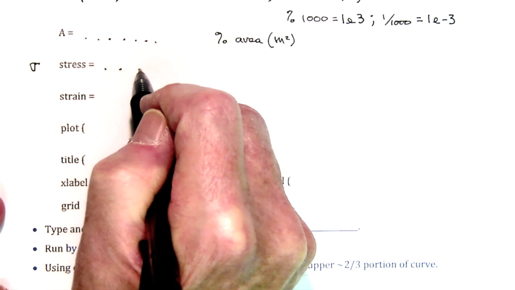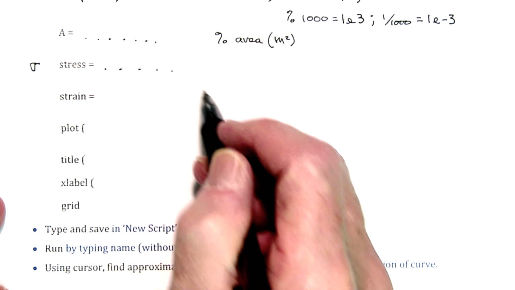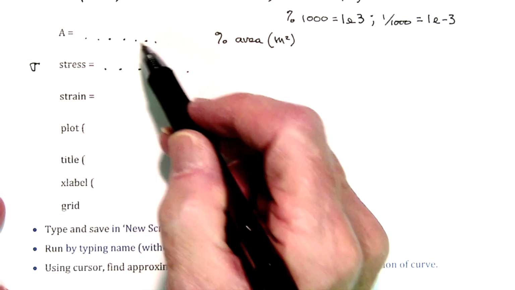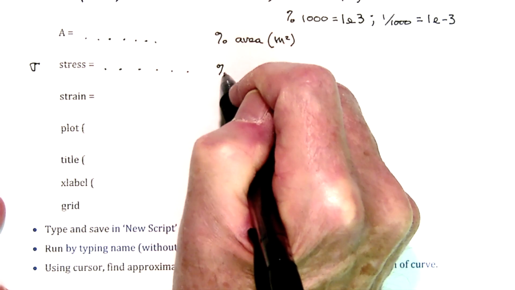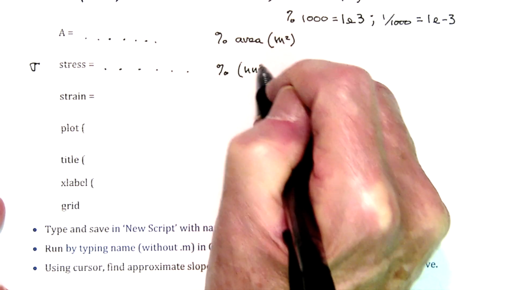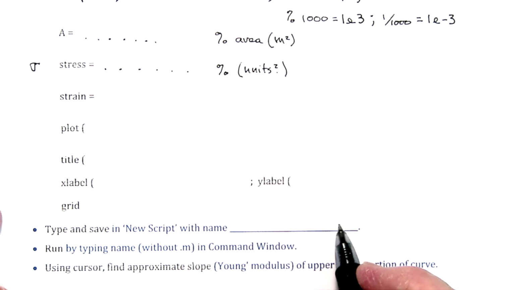Then put in here by hand an equation from the previous worksheet which represents how you calculate stress from some of the previous variables we've used. Make a comment here and put units in the comment. I'll let you figure out what the units are and put the units in a comment there.